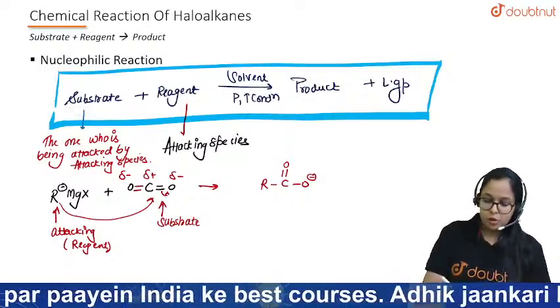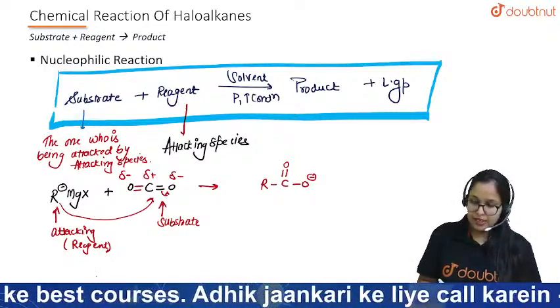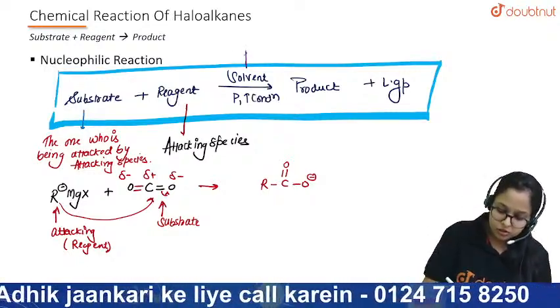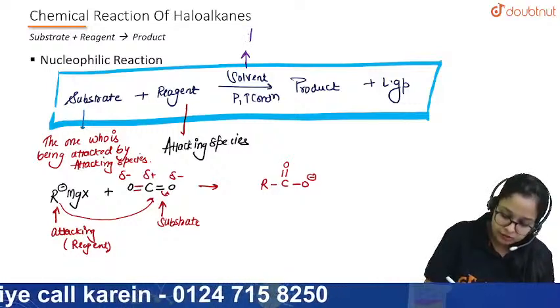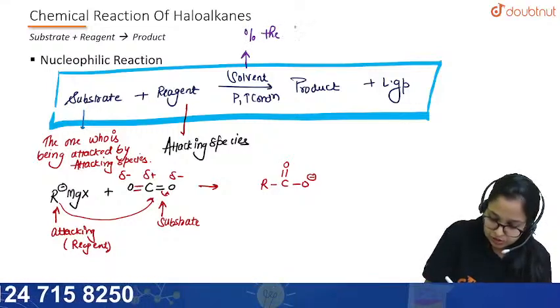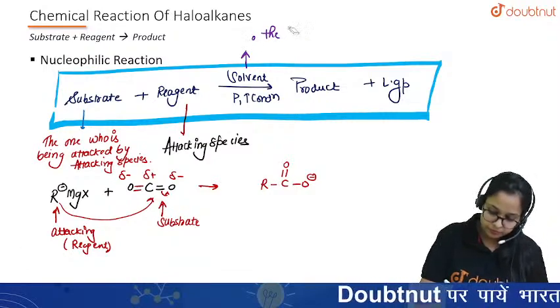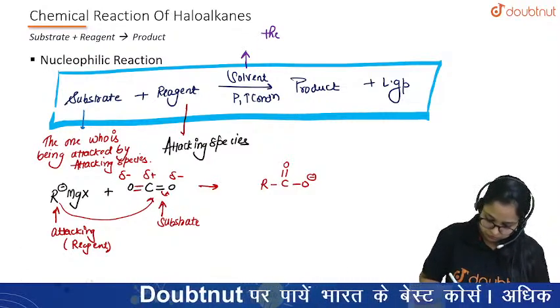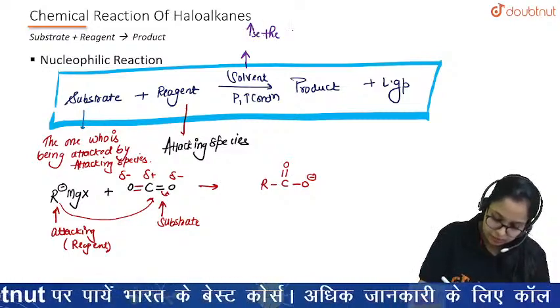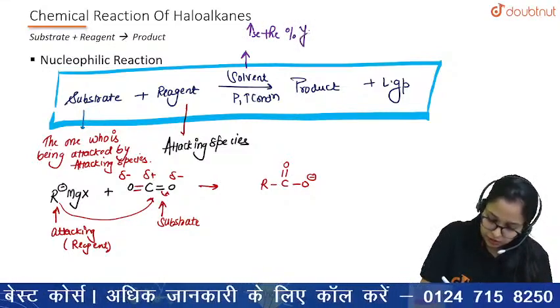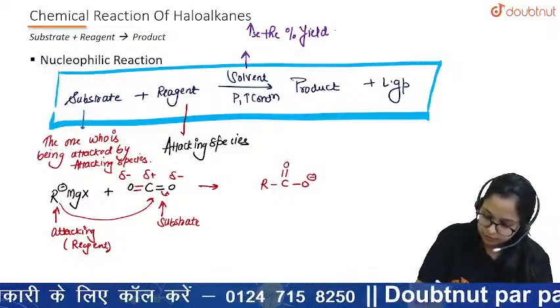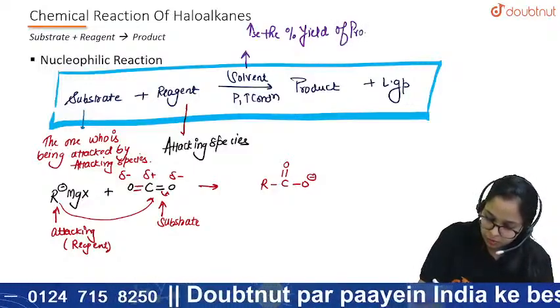Now the role of the solvent here is to maximize the yield. You can write that the solvent is used to increase the percentage yield, or amount of product. What is yield?